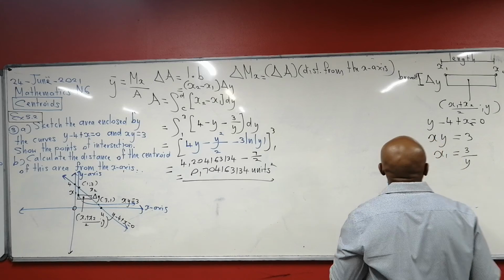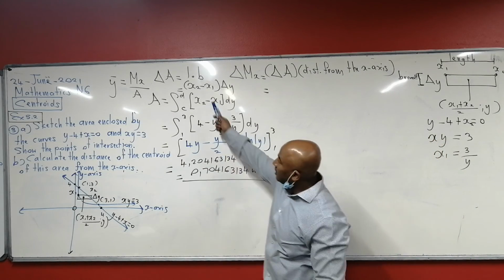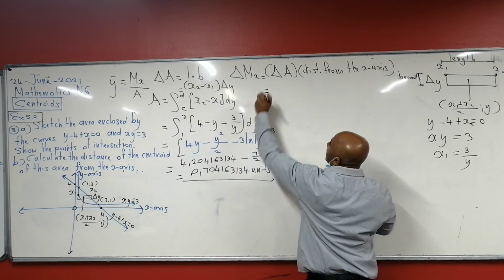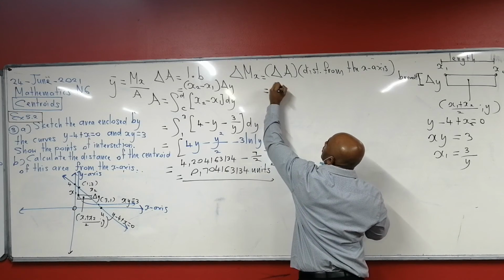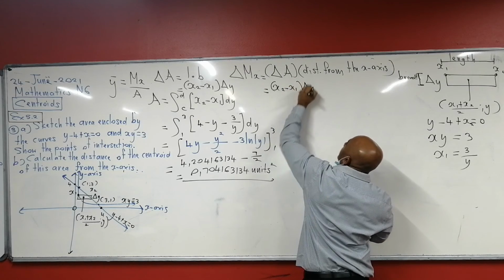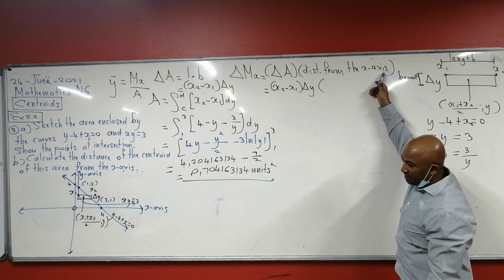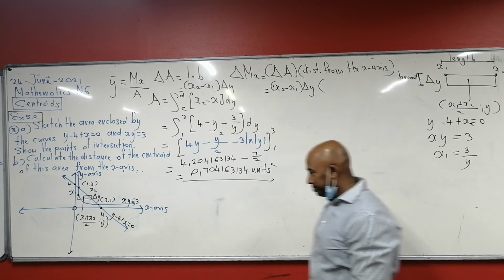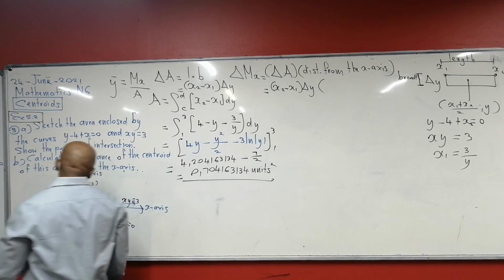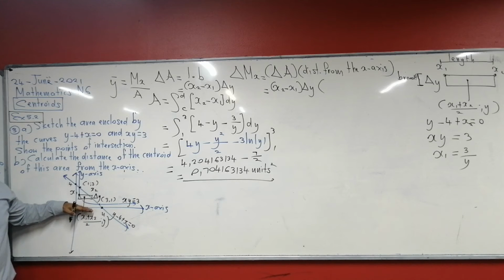Right, so my area. Area, there's your area right here. So your area is x2 minus x1 times delta y. Distance from the x-axis. Okay. So if you are measuring from the x-axis, you are measuring a y value. If you're measuring from the y-axis, it's an x value.